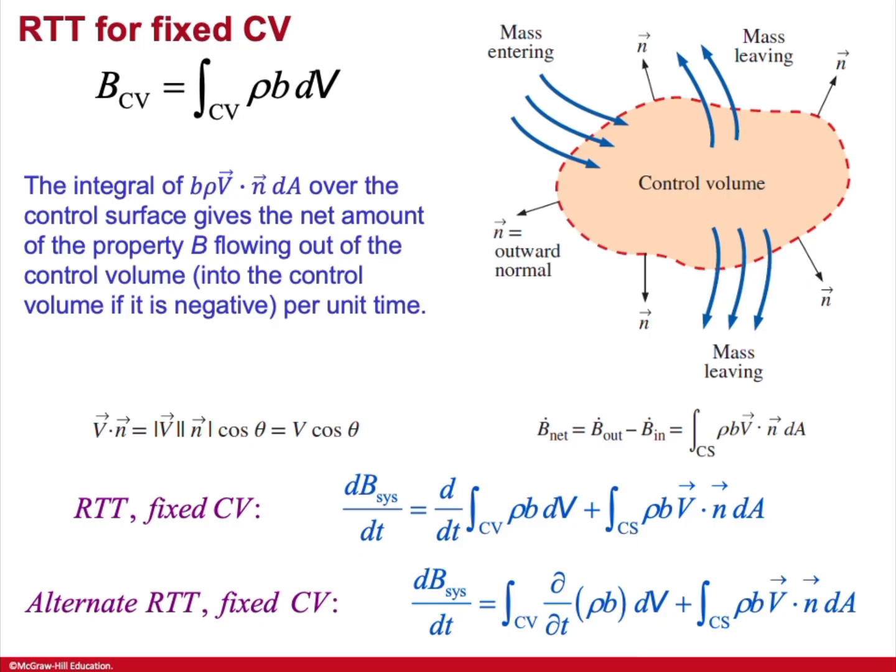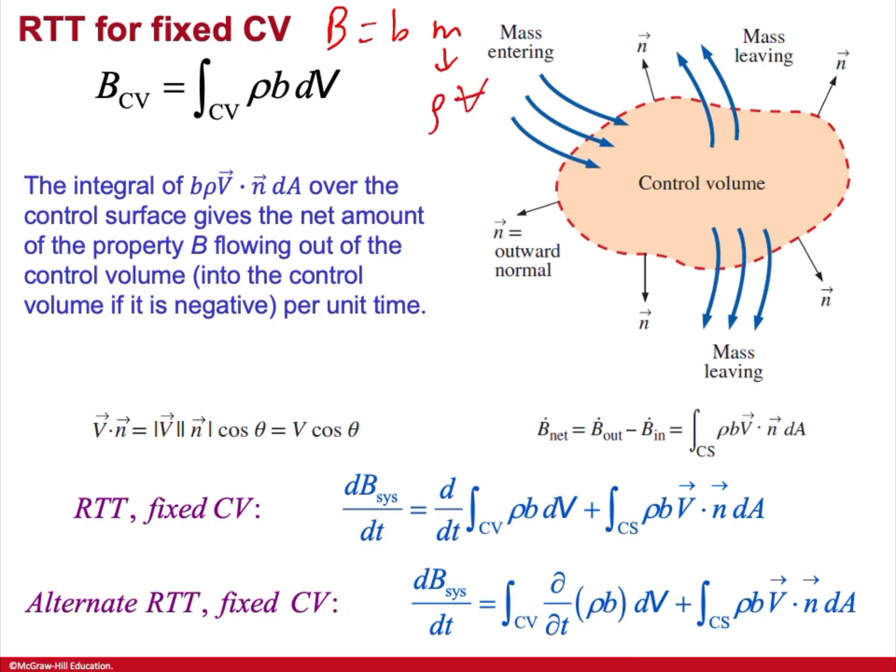Okay, so as we started off in the previous slide, we are trying to write capital B in terms of small b, so essentially writing the extensive quantity in terms of the intensive quantity. We told you how capital B is nothing but small b times mass, and mass is nothing but density times volume.